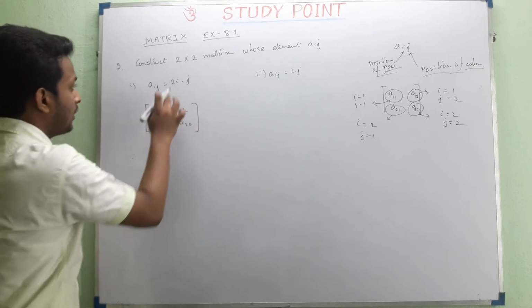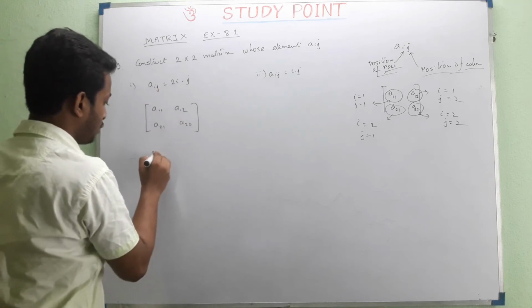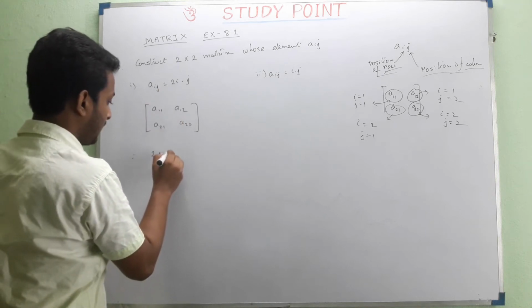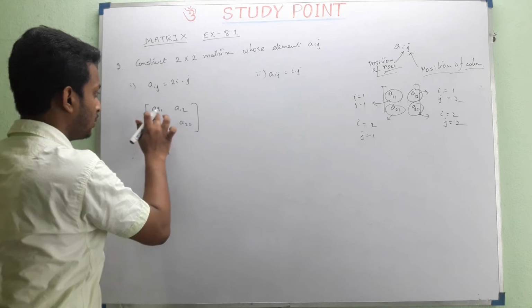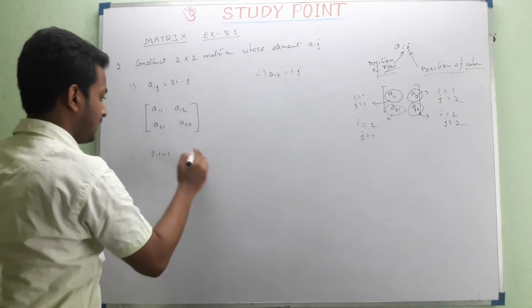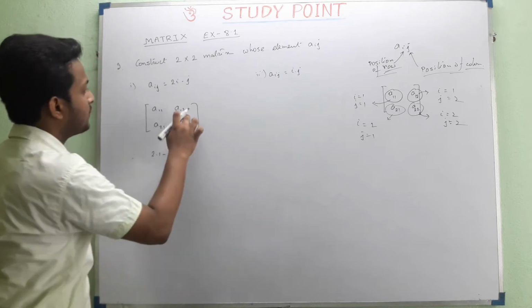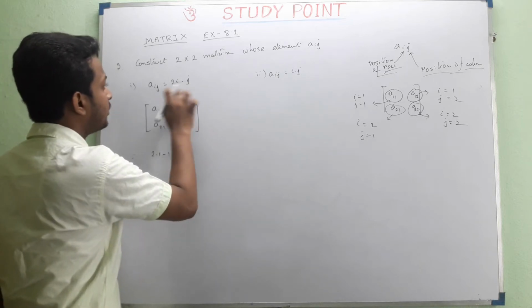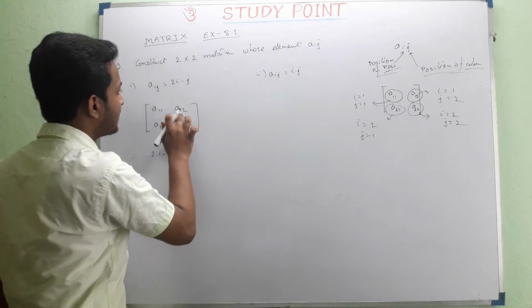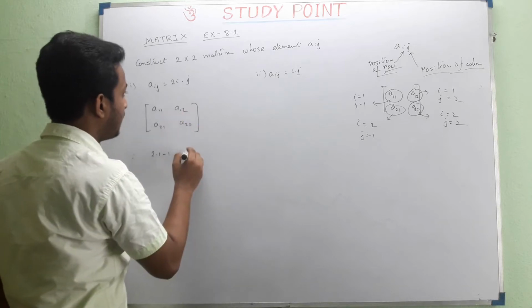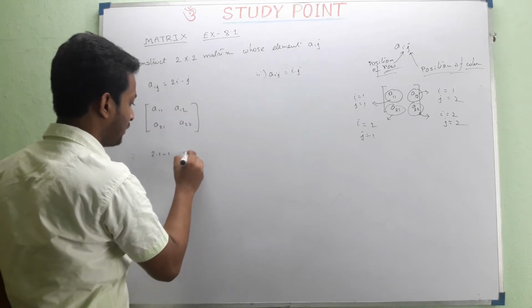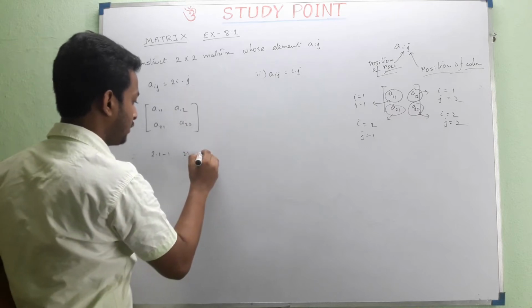For the first part, I and J are 1 and 1. For this part, the value of I is 1 and the value of J is 2. So the expression will be 2I minus J. So instead of I, the value will be 1, that is 2 into 1 minus the value of j, which is 2.